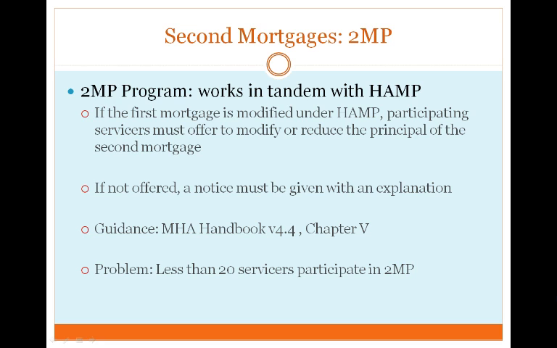The idea of this program is a good one. However, less than 20 servicers are participating in the 2MP program. Personally, I haven't seen very many clients qualify under this program.